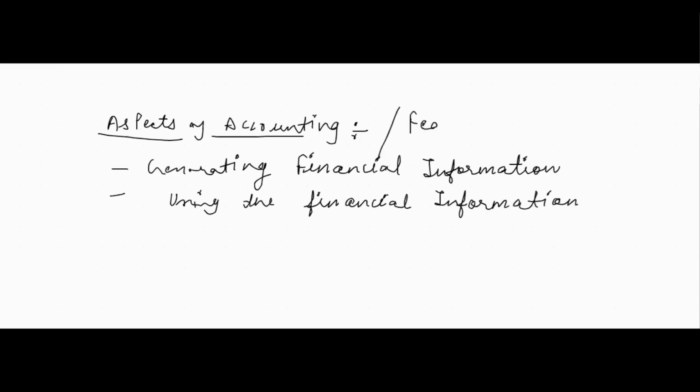And the second one is using the financial information. Okay. So first, let me explain generating financial information. In your notebooks or in your textbooks, this topic is under the name of features of accounting. Some people call it features, some people call it nature, some people call it characteristics. Fine. So any name, just note it down.